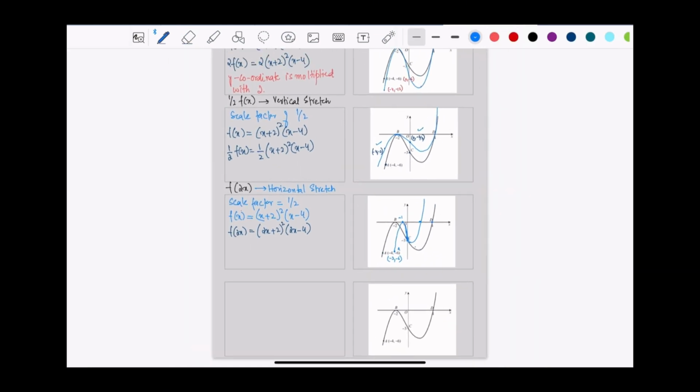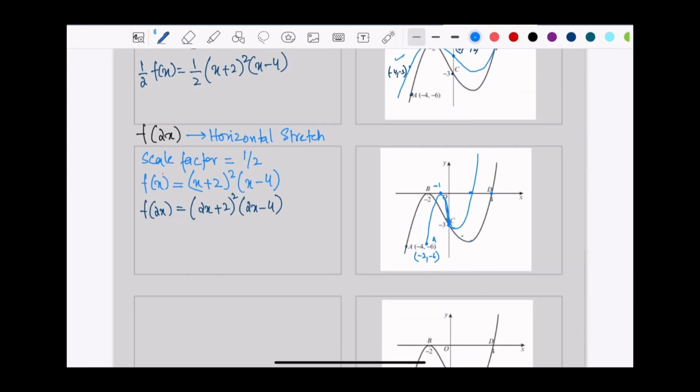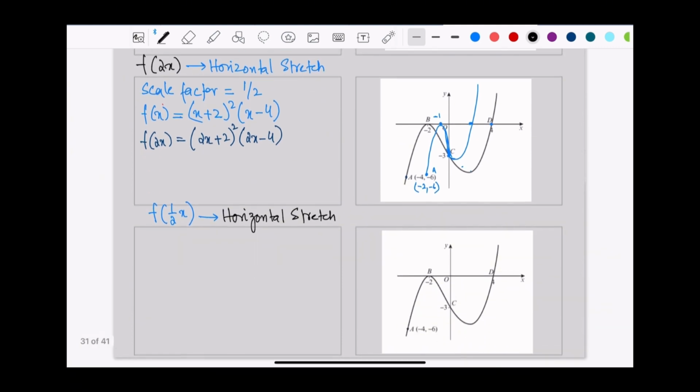Now, looking at f of 1 over 2x, this as well is a horizontal stretch with a scale factor of 2.